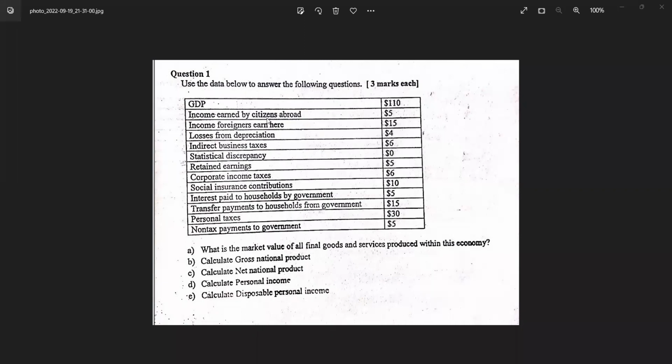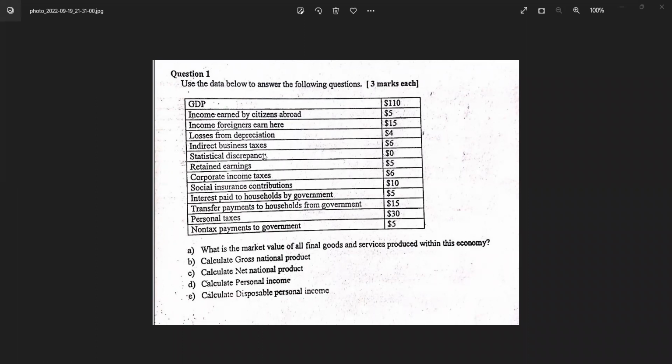The same approach: income foreigners earn here. Loss from depreciation, you all know depreciation. Indirect business taxes. Let me give you an example. Are you aware that the bottled water and sachet water you've been buying, we pay taxes on them? Those are what we call indirect. We also have something called statistical discrepancy, which deals with statistical errors.